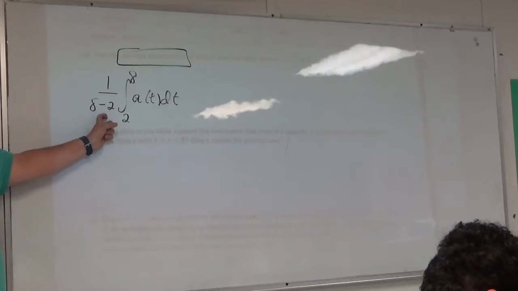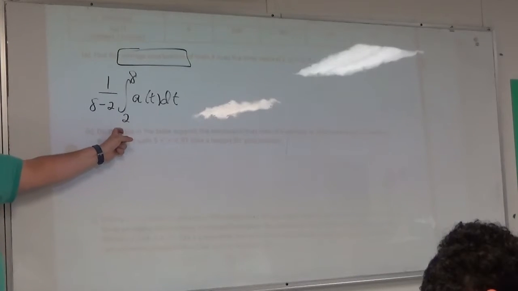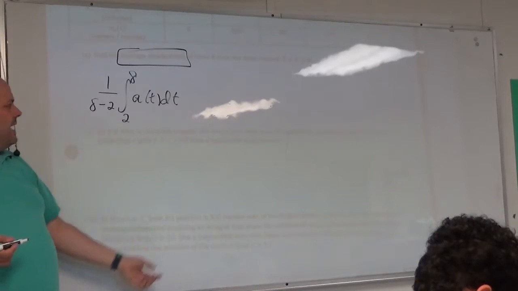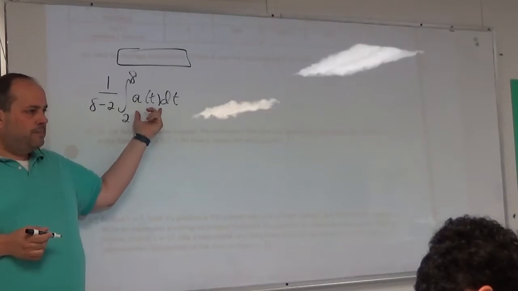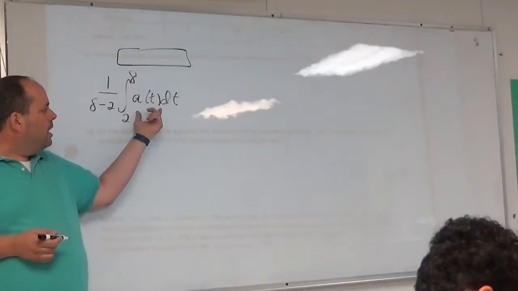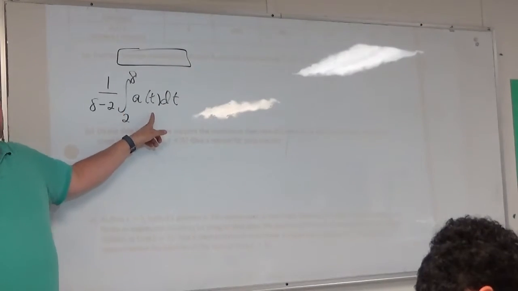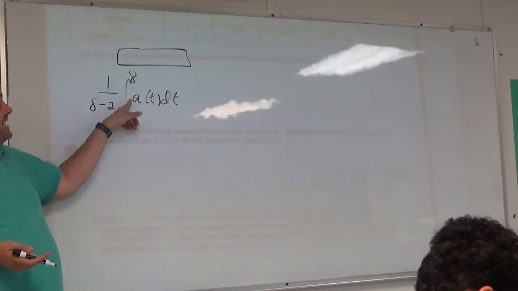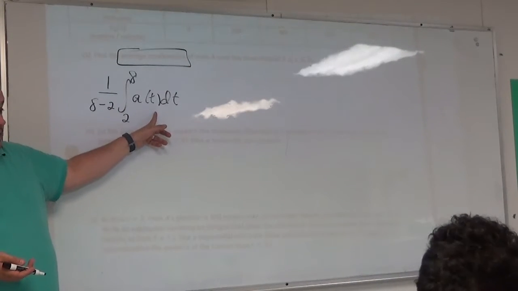Here's how we find average in calculus class. How many of you guys did this? You started this way. I thought there were more than that. And then I think people got confused. They're like, what am I supposed to do from here? What's the integral of acceleration? The antiderivative of acceleration. Velocity.